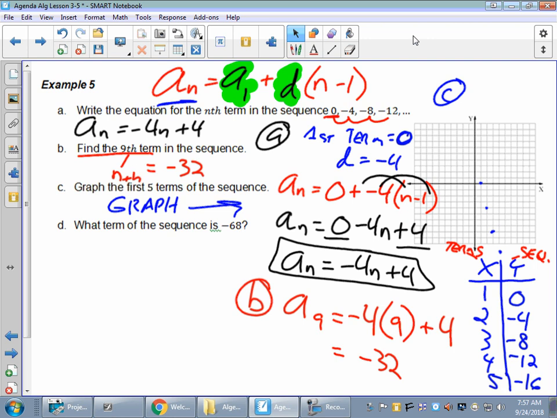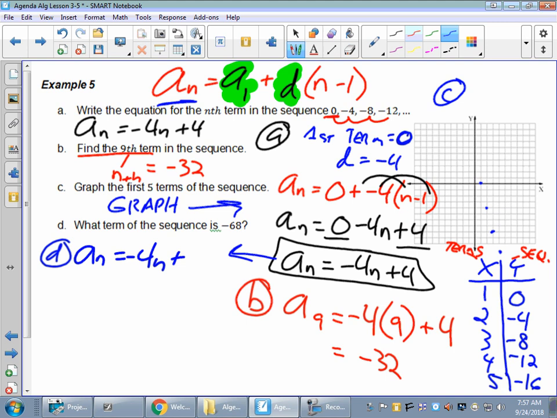Let's use blue here for part D. We're going to use the same equation, so I'm just going to pull this equation over here and say a sub n equals -4n plus 4. So now they want to know what is -68, so what term is that? I'm going to plug that in, not for n, but for this whole term here, and make it -68 over here. Just substitute that in.